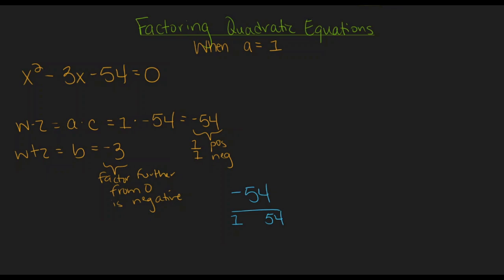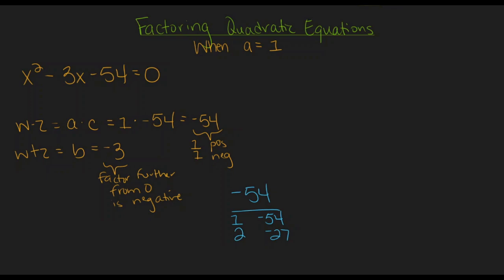Since 54 is further from 0 than 1 is, I know that 54 should be the -54. 1 plus -54 takes me to -53, so I know these aren't my magic numbers, and I'll continue. I can also think about the factor pair of 2 and -27. When I add these together, I'll get an answer of negative 25, which is still way too big, so we need to keep going.